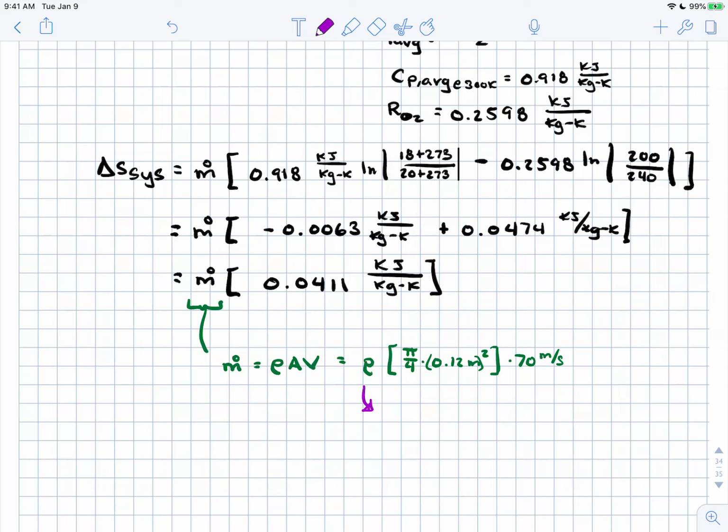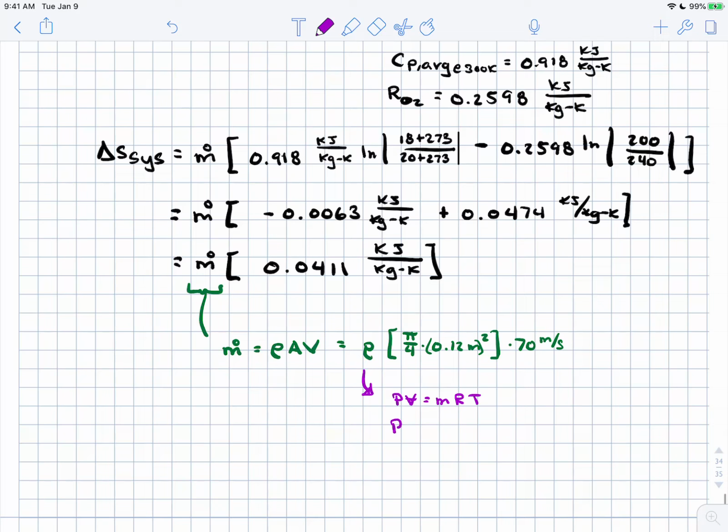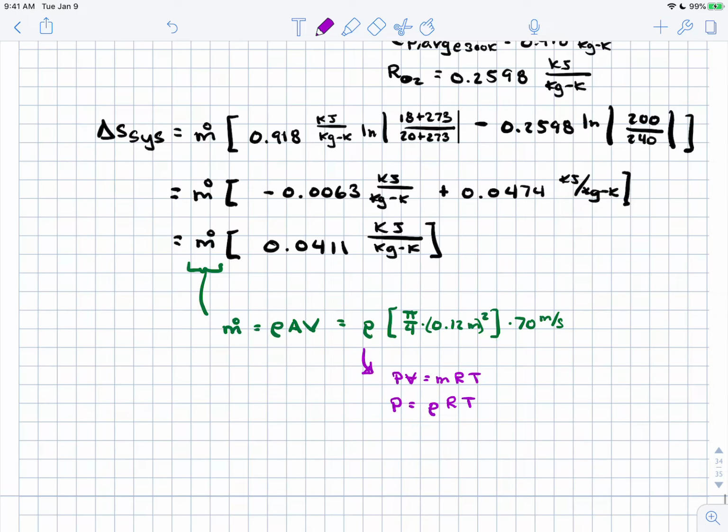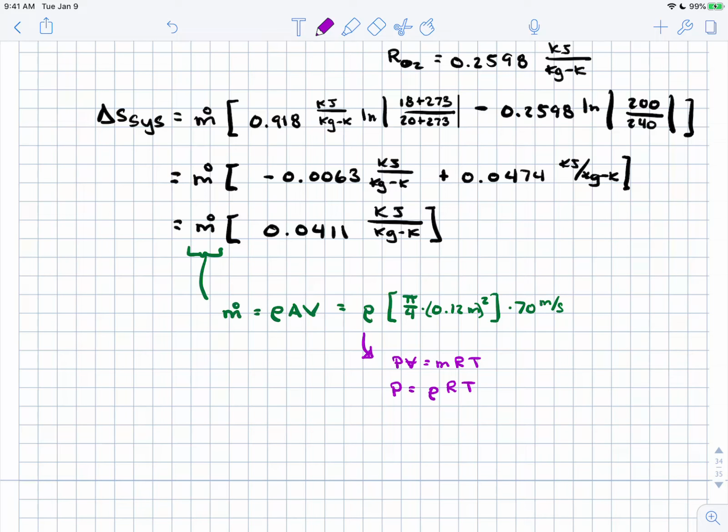We can get the density from the ideal gas law, in its classical form being PV equals mRT. We know that density has units of kilograms per meter cubed. So if we divide both sides of this equation by volume, we can rewrite the equation as P equals density times RT. So let's solve for density.